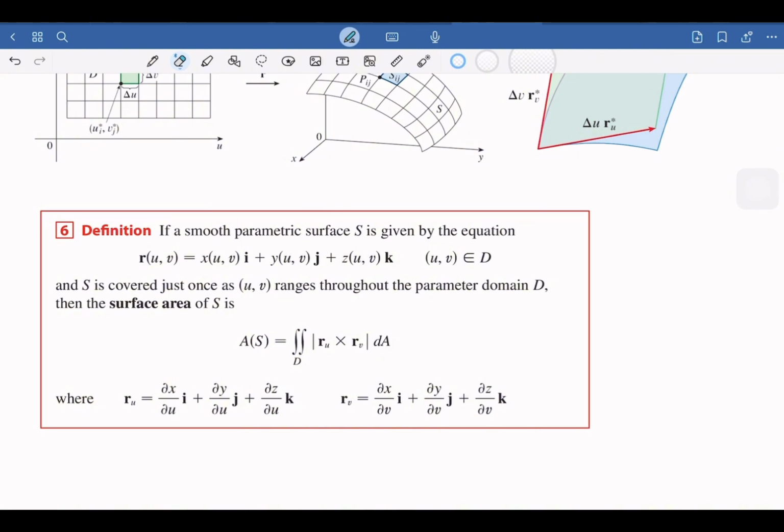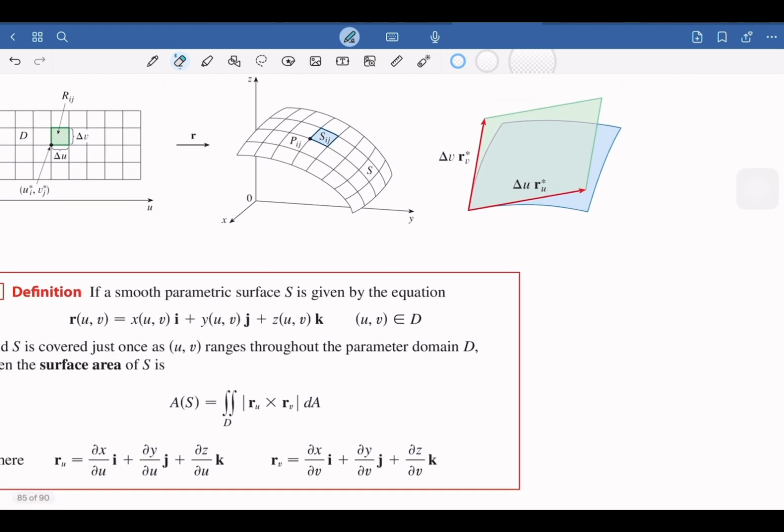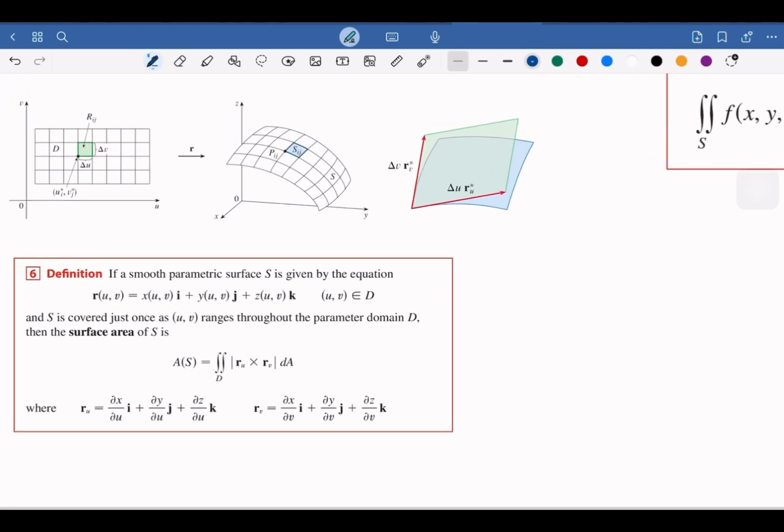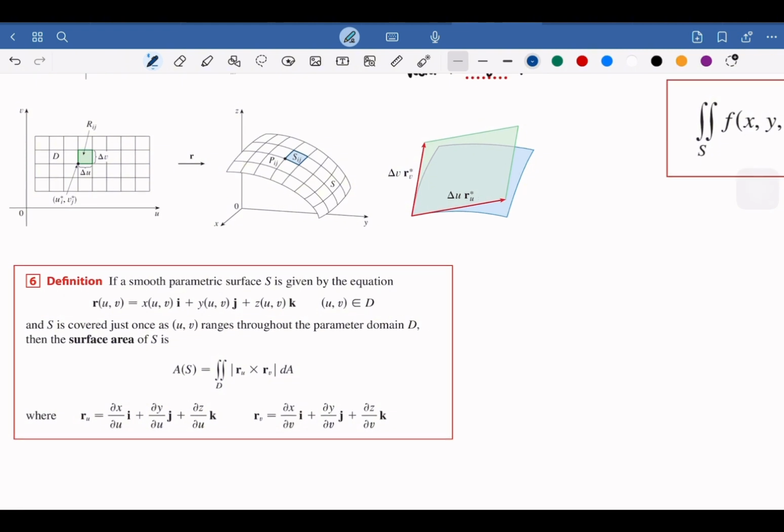I don't want to write long details here, but this is the one that we can trace back to if you remember calculus 2.